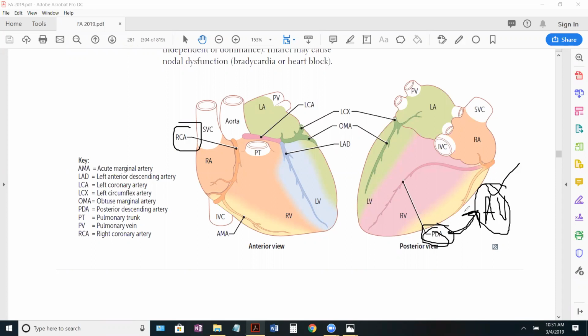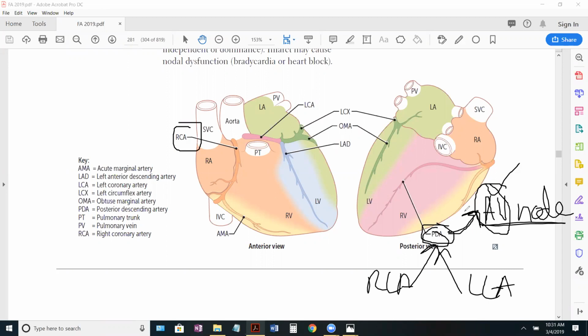Remember this: the PDA supplies the AV node, and whichever artery, right or left coronary artery, supplies the PDA, that system of the heart will be dominant.